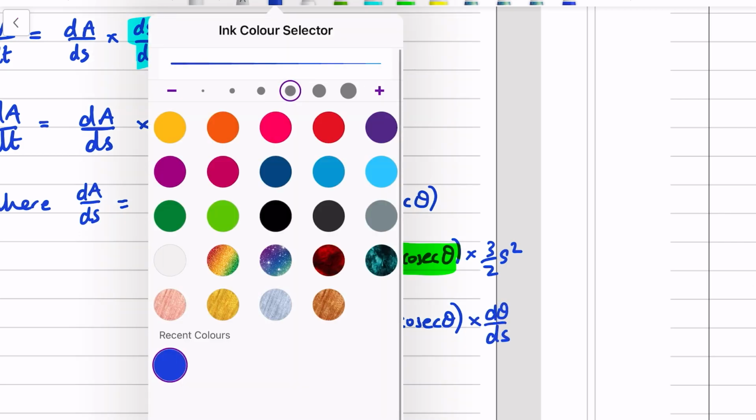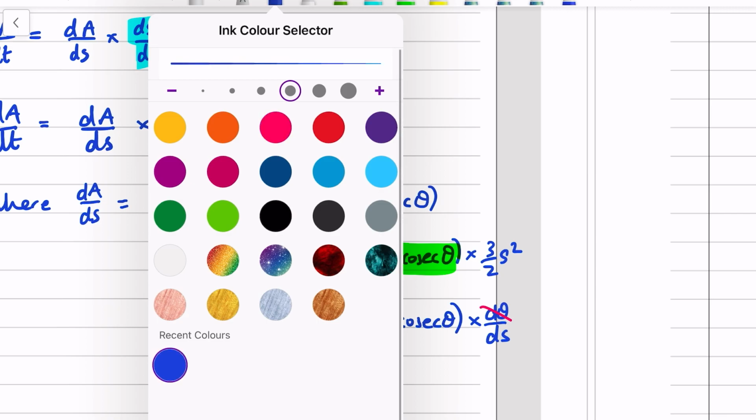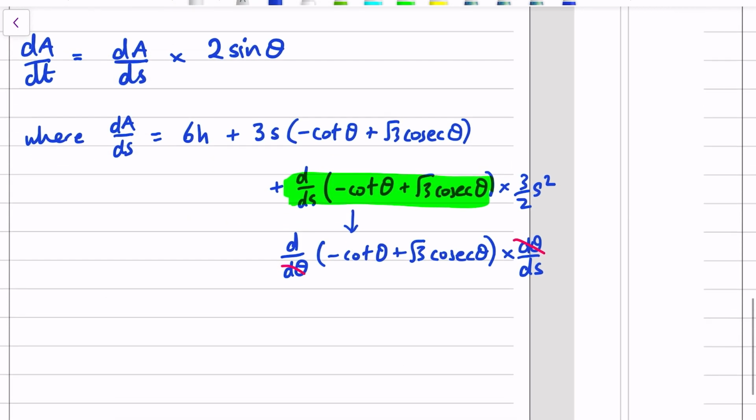And based on how related rates and the chain rule work, those thetas cancel and we get d/ds, the derivative with respect to s. Okay, so dA/dt is equal to, I'm going to put this in big giant brackets now because this whole thing is dA/ds. Alrighty, dA/ds is 6h plus 3s times that bracket.